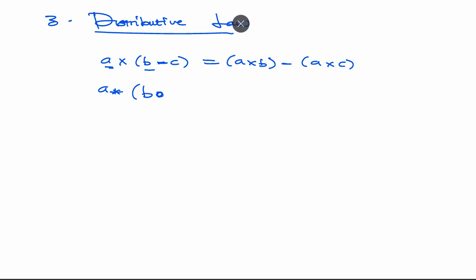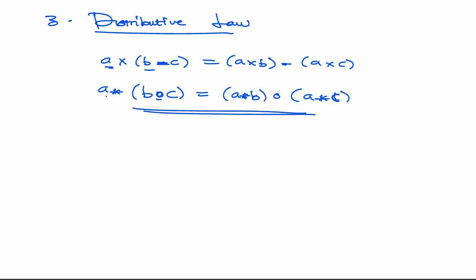So A star B circle C there. We multiply A times B, we have A star B. Then the one in between, like minus, is going to be O, then A star C. This is how you should be able to understand what distributive law actually is.